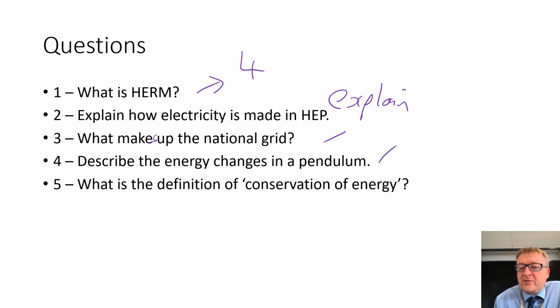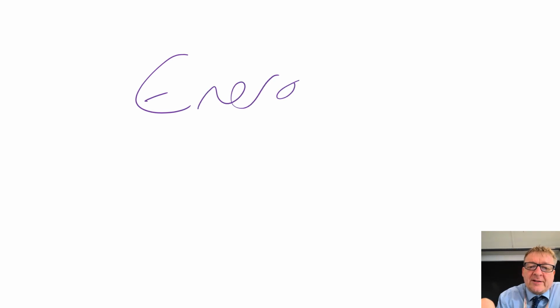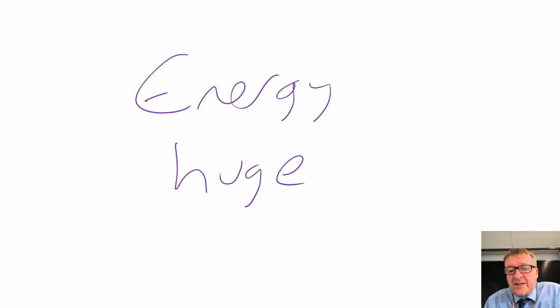Start with gravitational, kinetic, etc. What is the definition of conservation of energy? Now, that energy topic is huge. But when you get into year 10 and 11, you're going to do the same sort of stuff again, but if you know it now, then all it's going to do is benefit you.